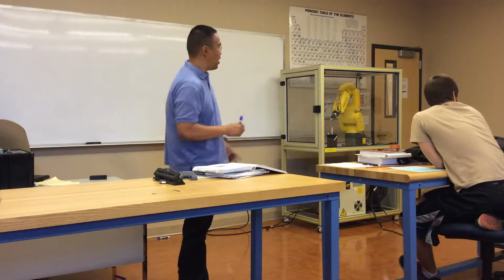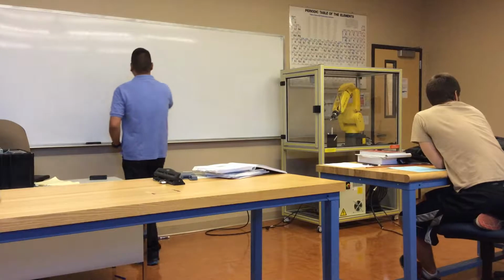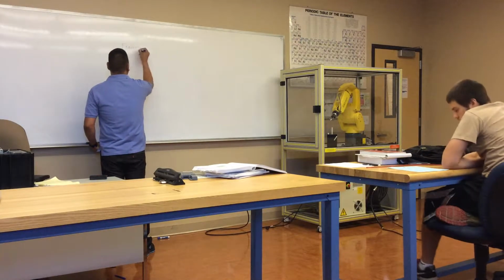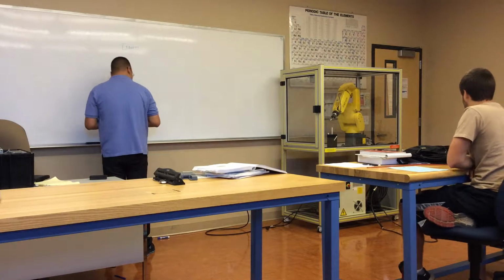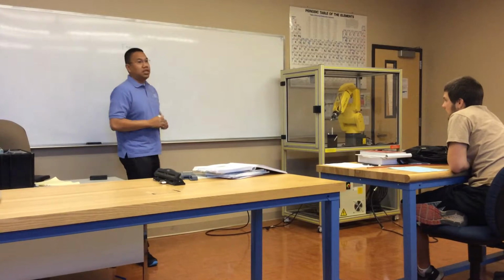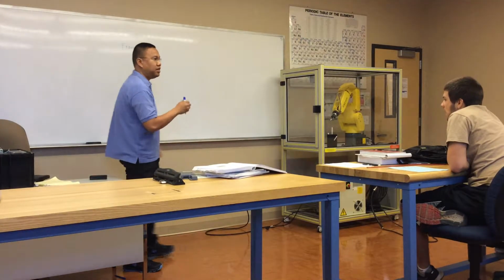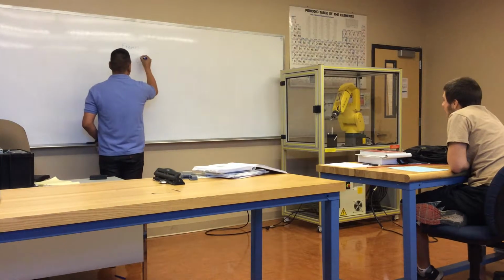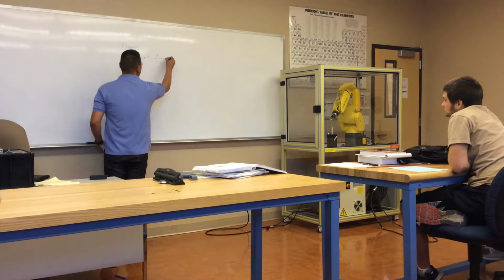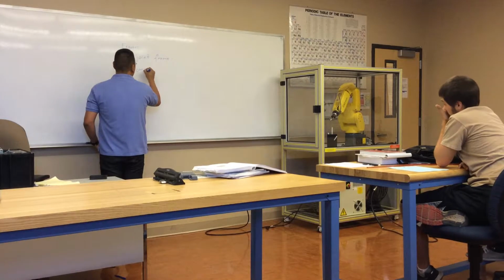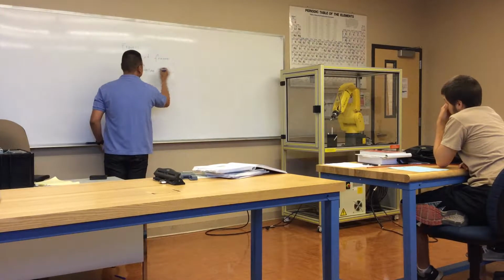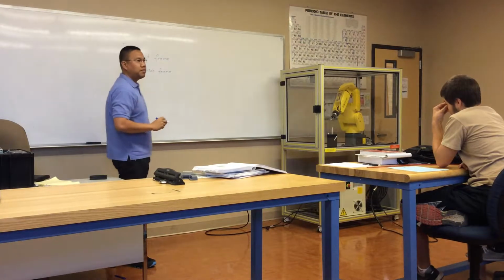So let's talk about frames. So we have jogged the robot, and we have seen that it moves in two ways. You can move in the joint frame or the Cartesian frame.